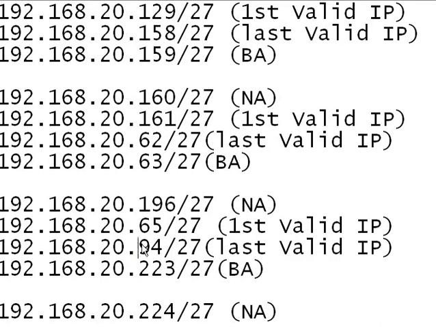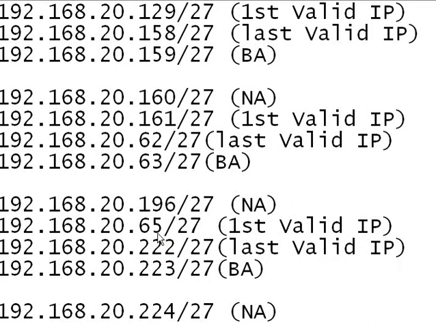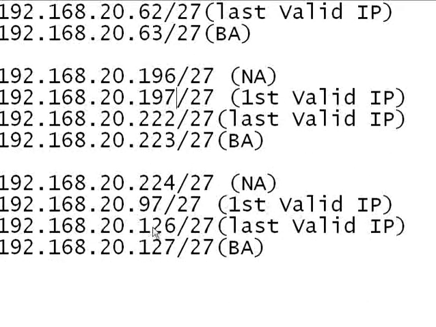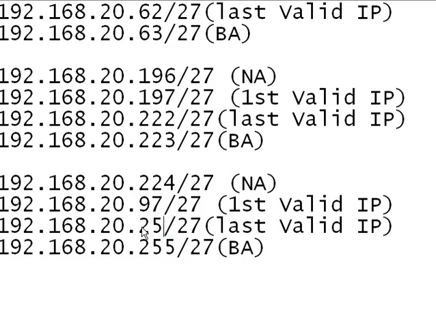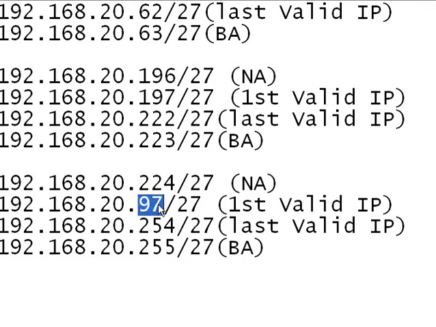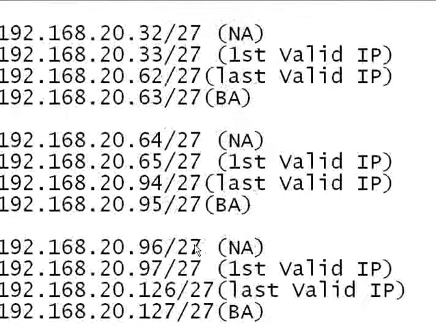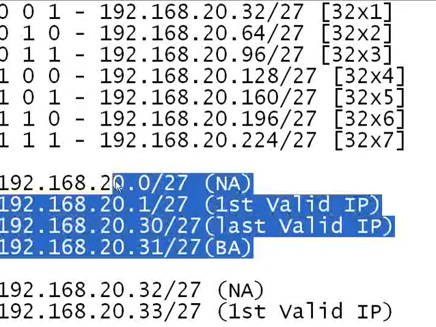Initially, when there was this calculation, people used to say that we should not take the first network and we should not take the last network. Initially people used to say that for host calculation we use 2 to the power n minus 2, and for creation of subnetworks 2 to the power n minus 2 should also be applied.